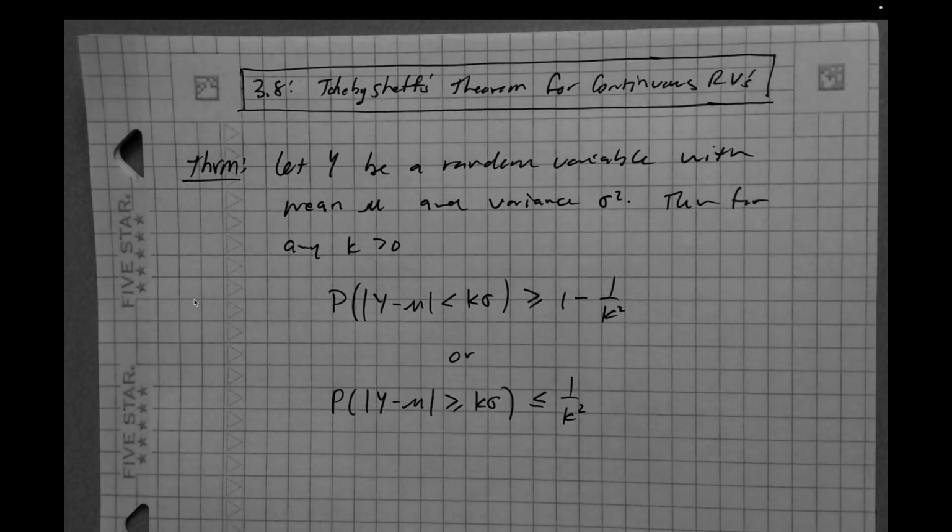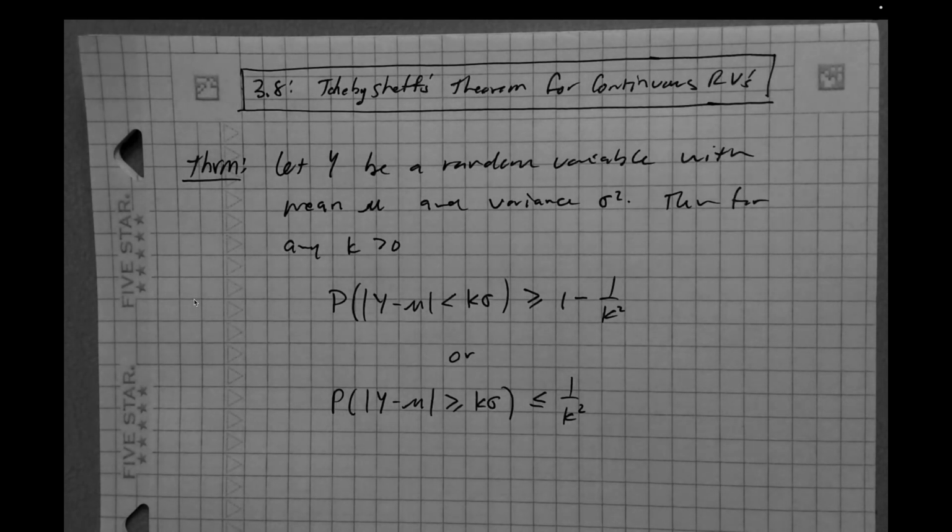Now, we saw previously, in the discrete case, use cases for using this theorem in the instances where we don't really know what the distribution is. In this lecture, I want to explore an example where we use the theorem to make probability statements without having to actually go through the calculation.